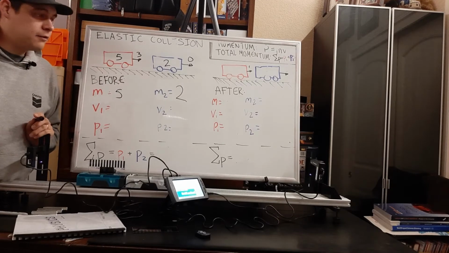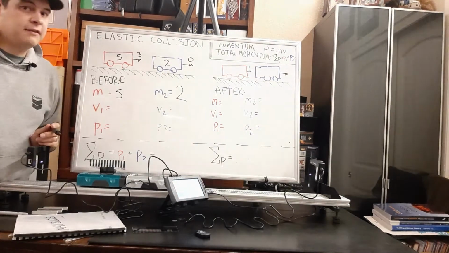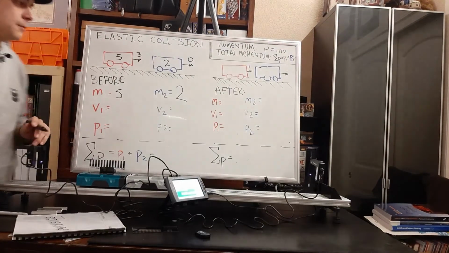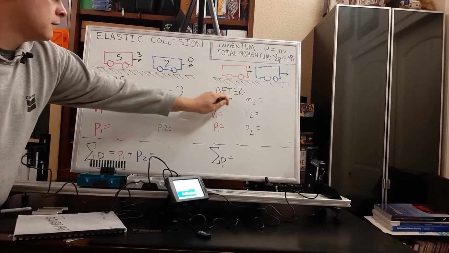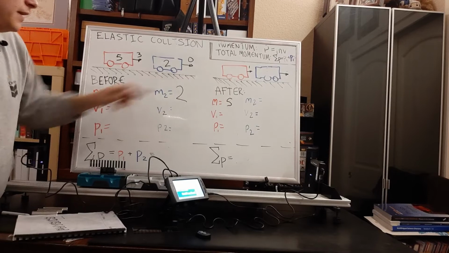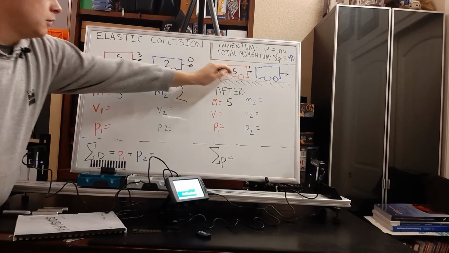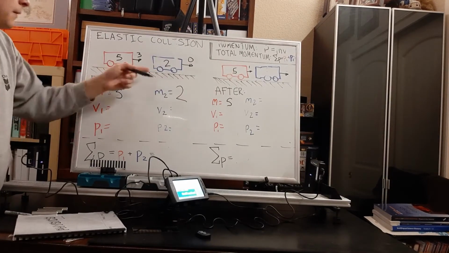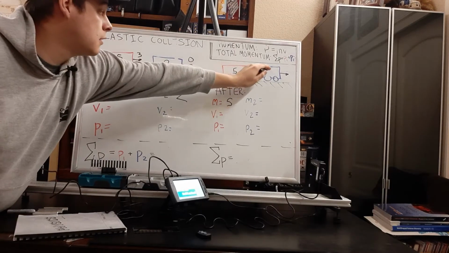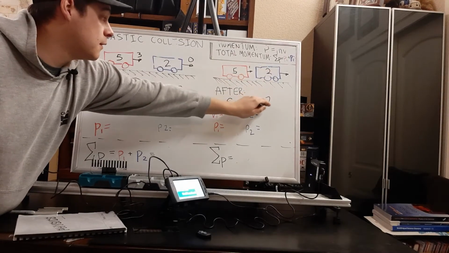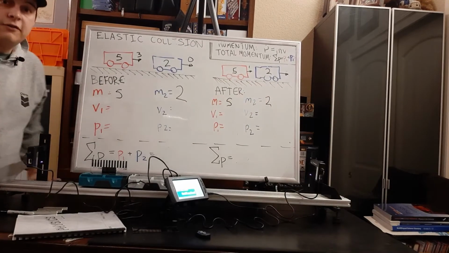After the crash, we'll assume that they maintain the same mass. There's no mass being transferred. So if the red car had a mass of 5 before the crash, it'll have a mass of 5 after the crash, even though it doesn't say that number. The same thing goes for the blue car: if it was 2 before, then the mass of the blue car will remain 2 after the crash.